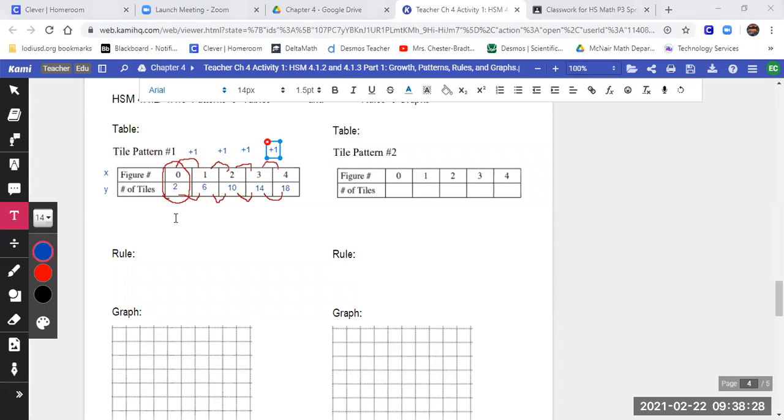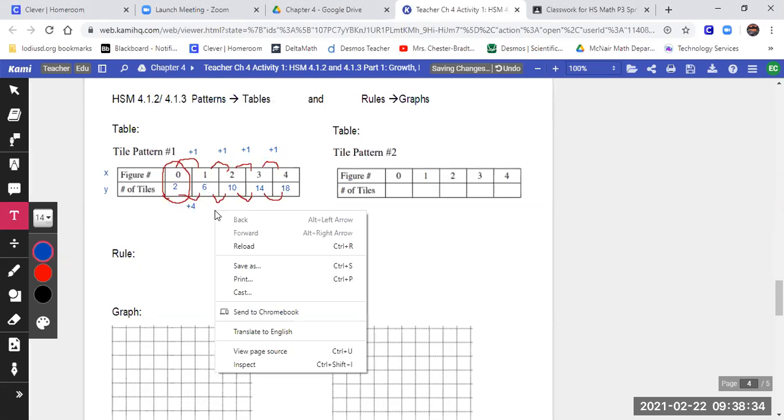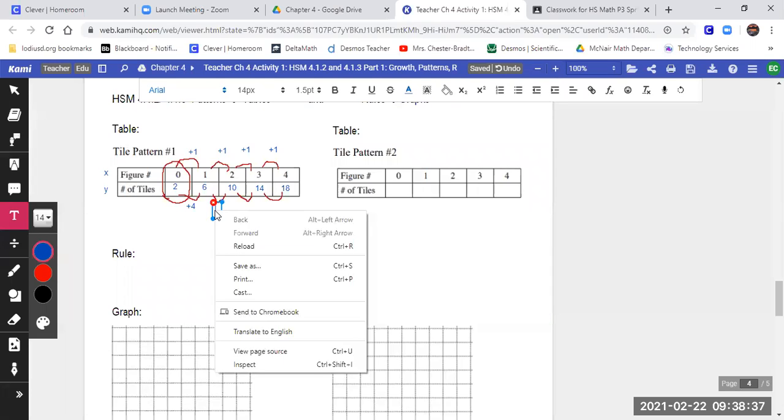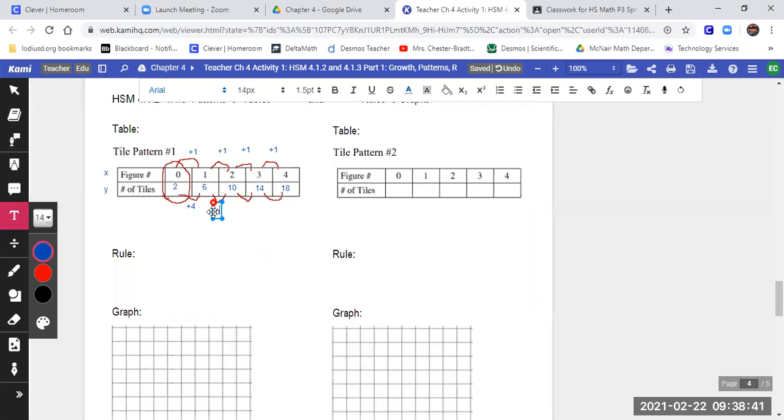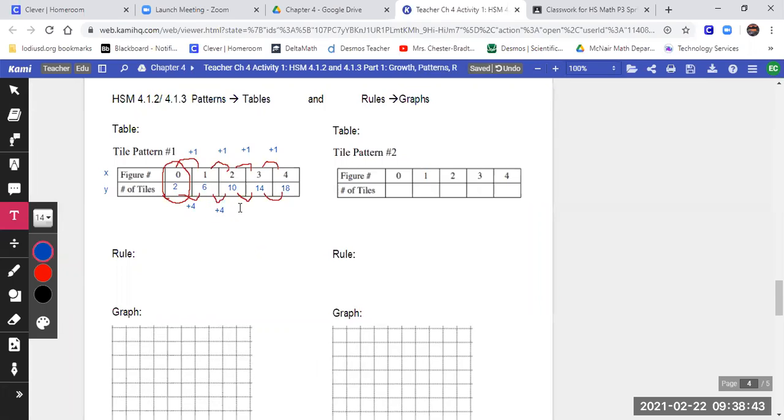Okay, it's adding 4 each time at a bridge. Each of these bridges is adding 4. Adding 4. Adding 4. Each of the bridges is adding 4.